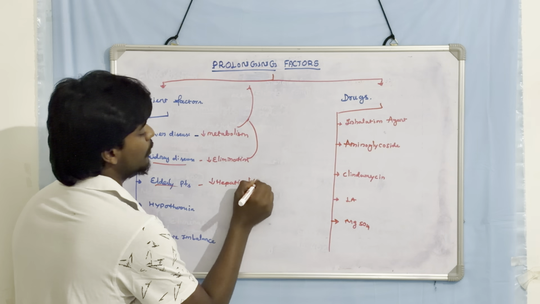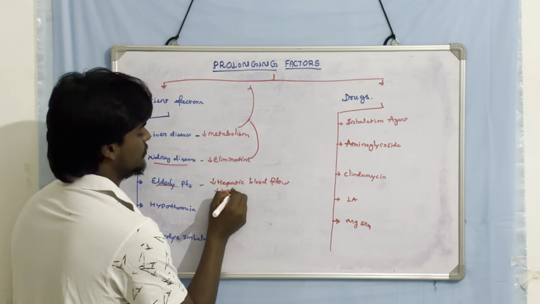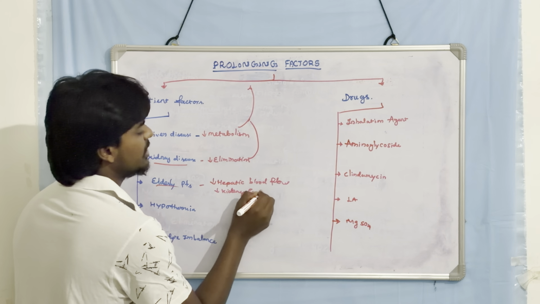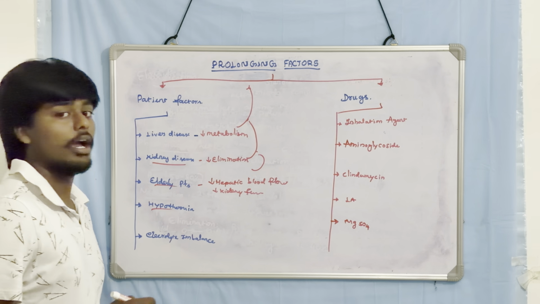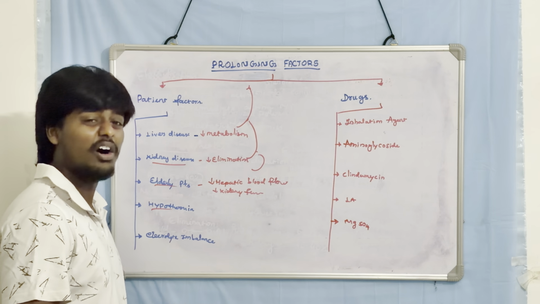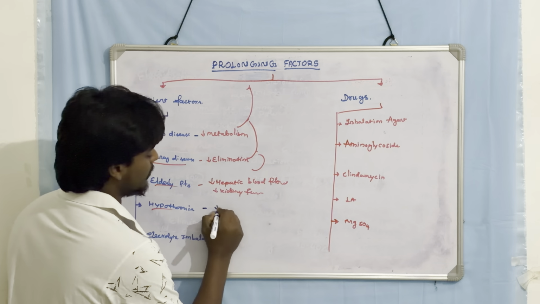Decreased hepatic blood flow and decreased kidney function also lead to prolonging of the Vecuronium. And hypothermia. In our body, all enzyme activity is decreased during hypothermia.